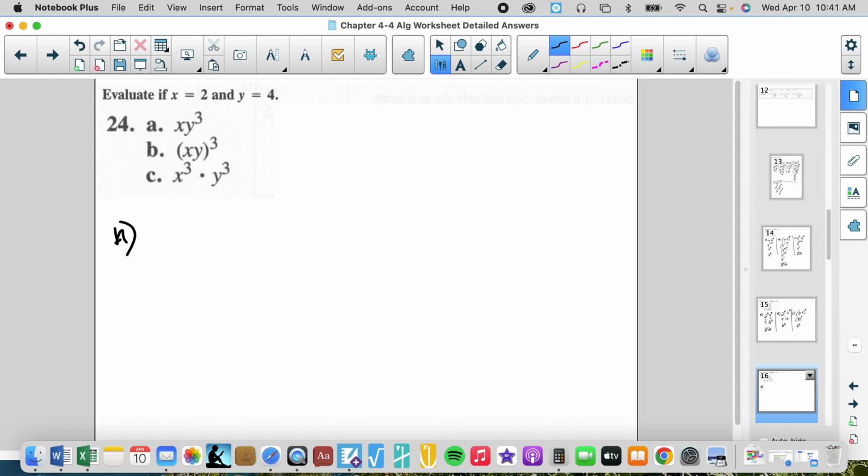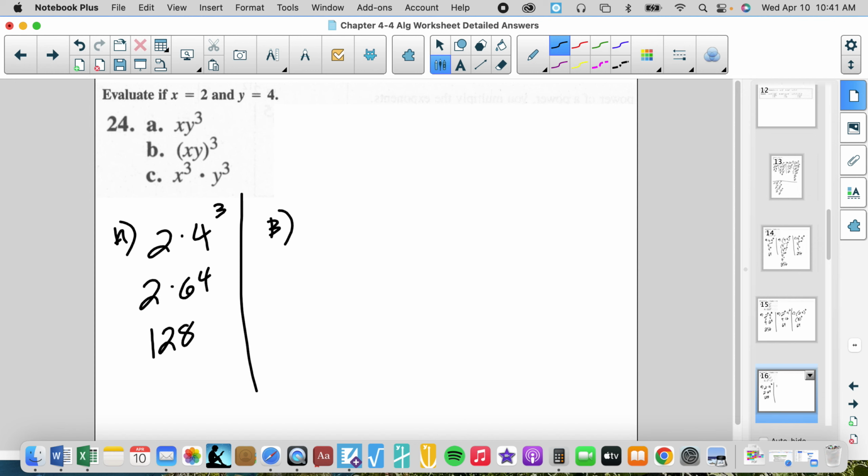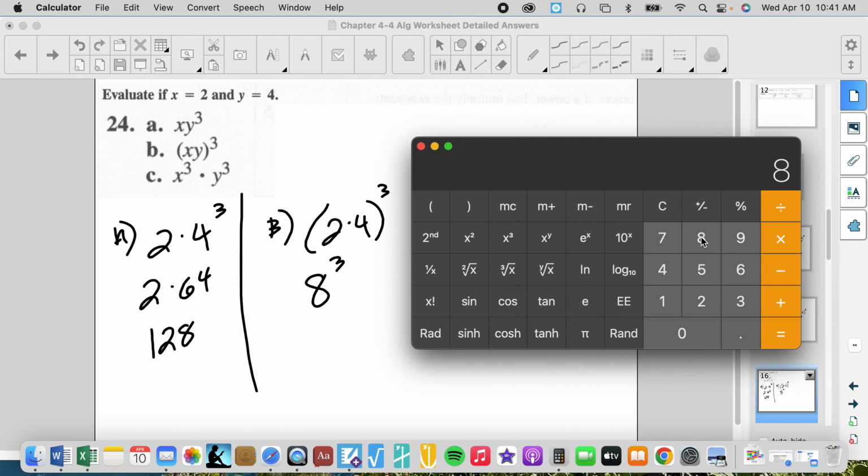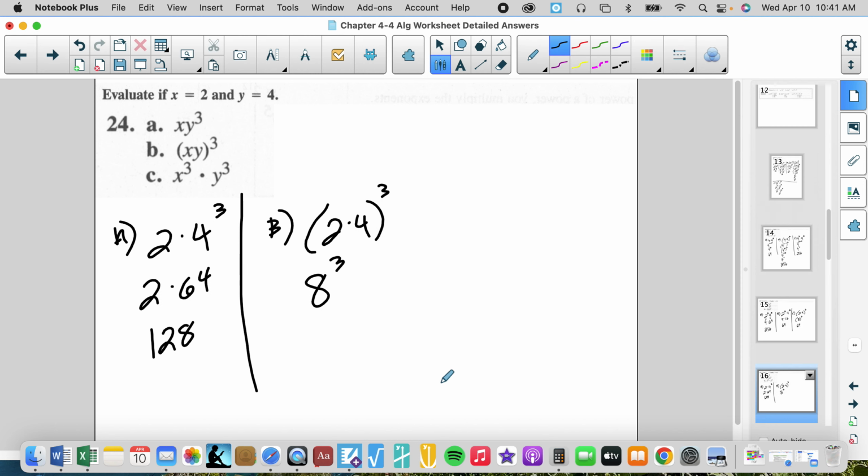A is x times y to the third, 2 times 64, which is 128. B is going to be 2 times 4 to the third, which is 8 to the third. Grouping symbols before exponents. 8 to the third, 512.